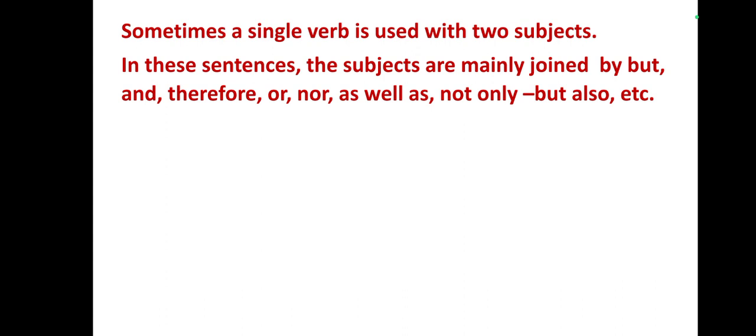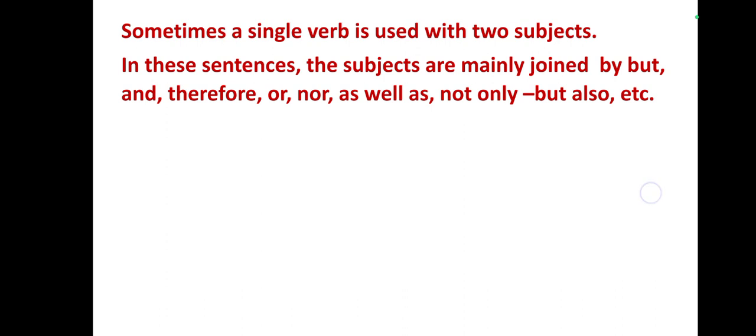Now, see, sometimes a single verb is used with two subjects. It means there will be two subjects but only one verb. In these sentences, the subjects are mainly joined by but and therefore or nor as well as not only but also.